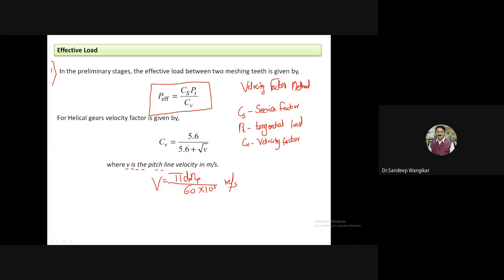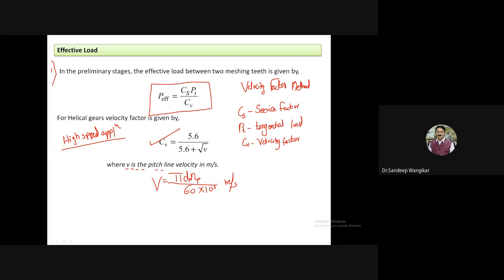Now in the helical gears, it is assumed that the helical gears are used for high speed applications. So here in this case, only one formula is there for CV, and that formula is CV is equal to 5.6 divided by 5.6 plus under root V. Whatever may be the value for V, let it be 1, 5, 10, 15, 20, irrespective of the pitch line velocity, as in case of spur gear, where there were three formulas.